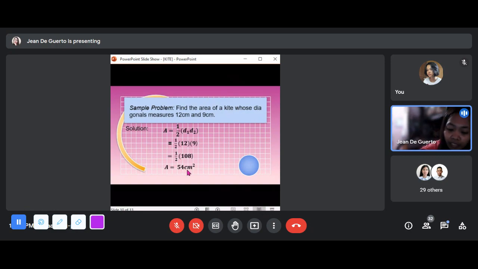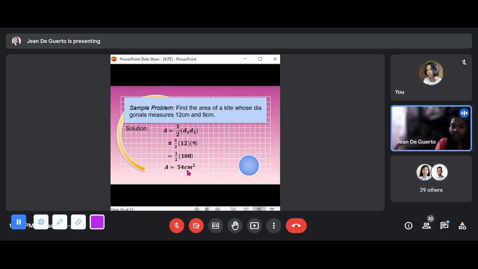Okay? What if the given area is, let us say, 200. And one of the diagonals, let us say D1, is 10.